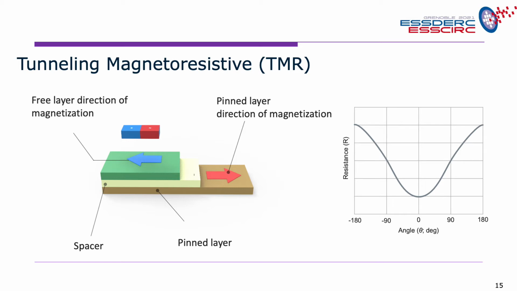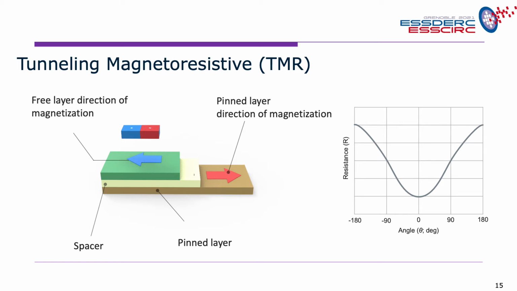We can see that based on the parallel or anti-parallel direction of the free layer and pin layer, we will have a higher resistance when they are in anti-parallel direction. However, in the parallel direction we have a lower resistance.